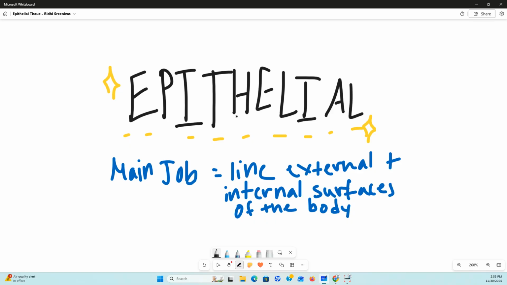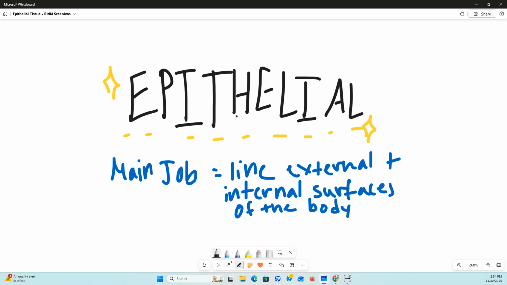So the main job of this type of tissue, depending on where it is, but the general job of it is to line external or internal surfaces of the body. That's the main job of this type of tissue. For example, epithelial tissue is quite literally what the surface of our skin is made of.